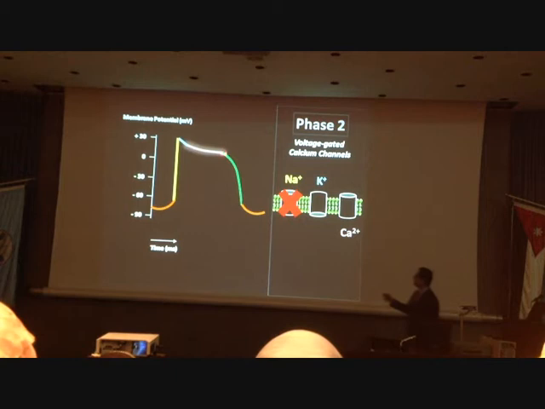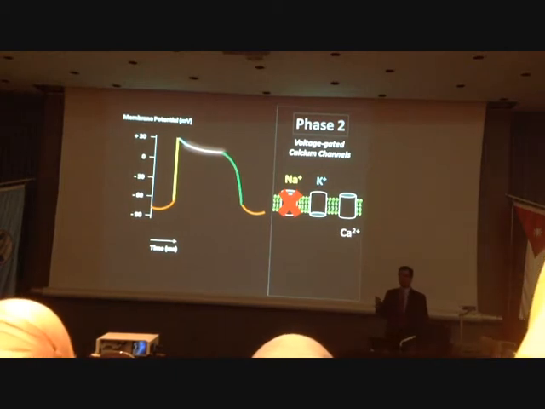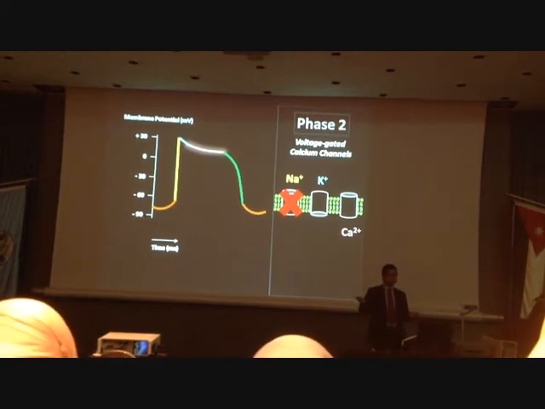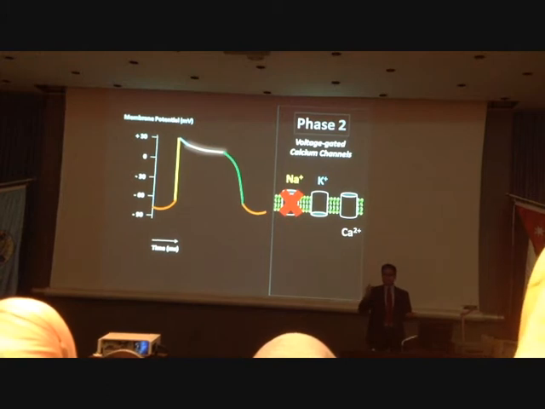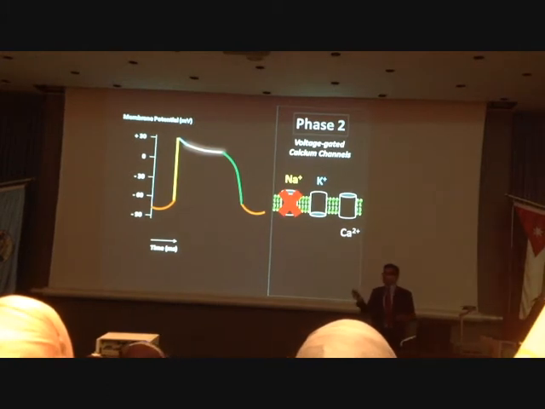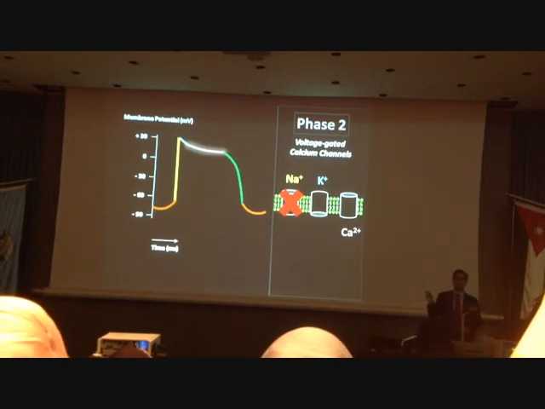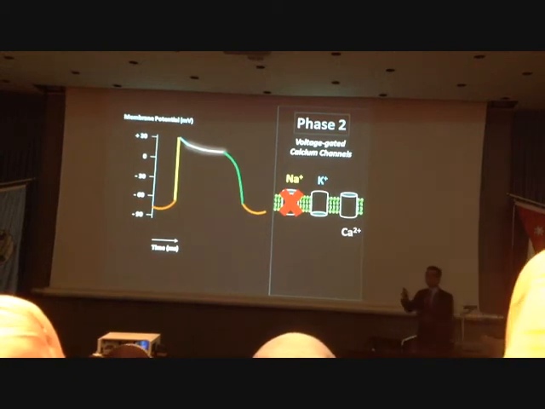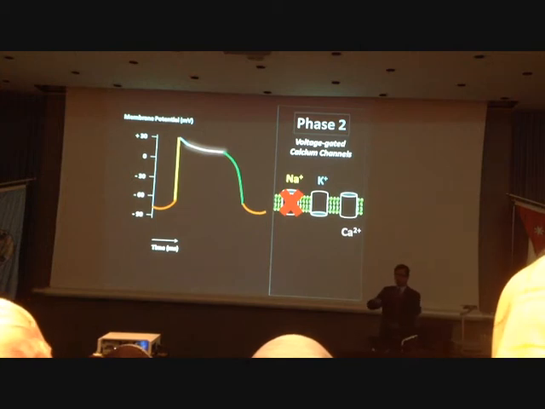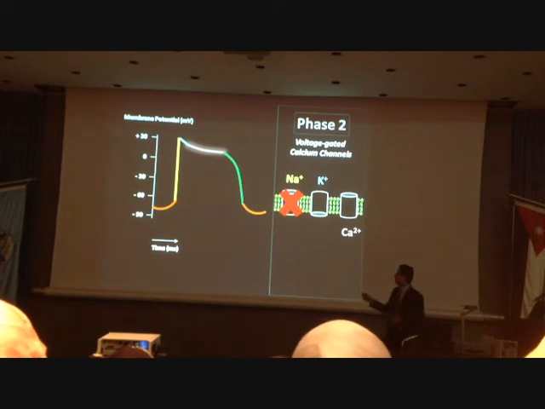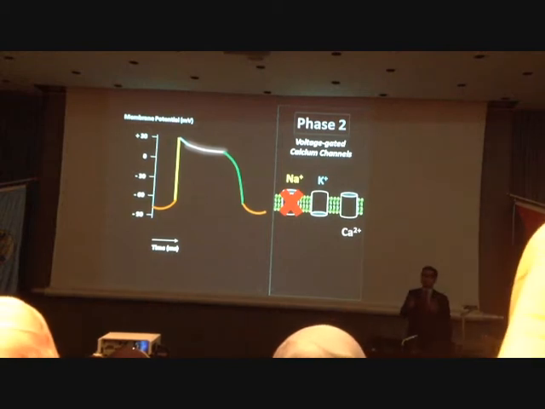Now notice, why are we in a state of plateau? Because, as you can see here, I haven't shown that potassium channels are inactivated. So there is a balance: something going in, something going out, which balance each other, and that's why you get a plateau. There is no significant change in membrane potential.